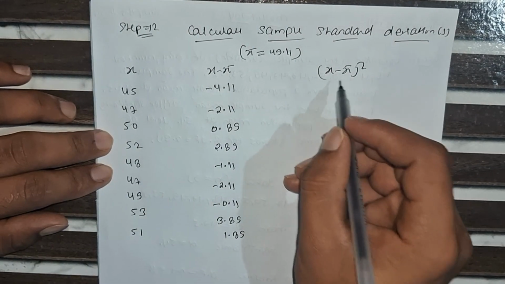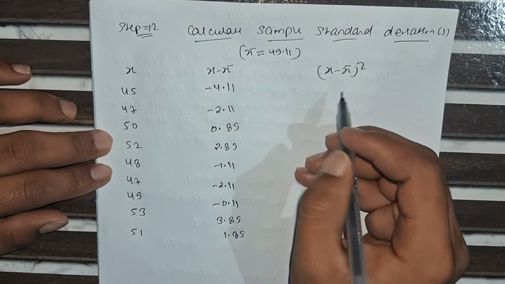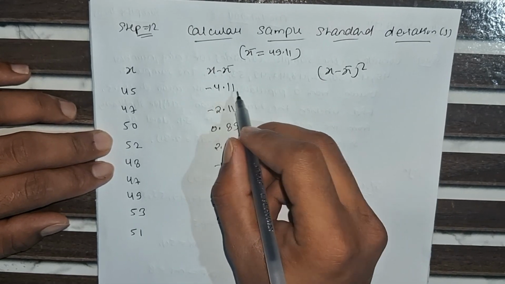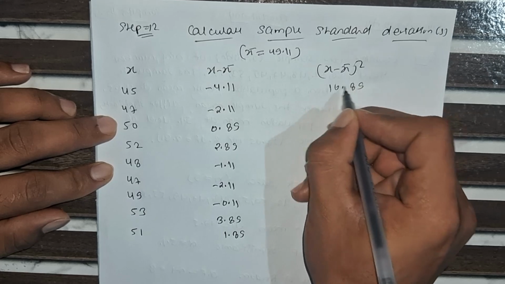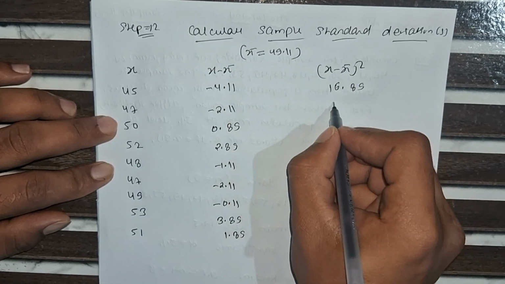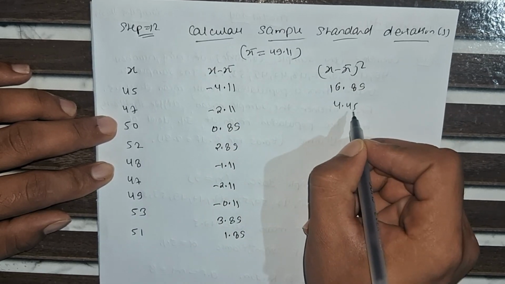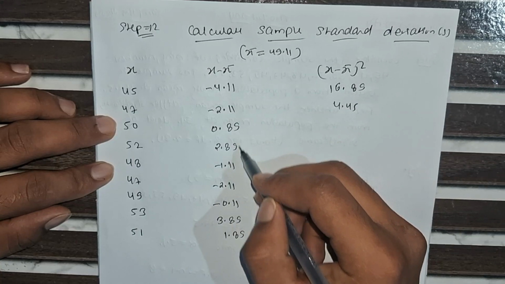Now just square these. Minus 4.11 squared becomes 16.89. Like that we need to square all these values.